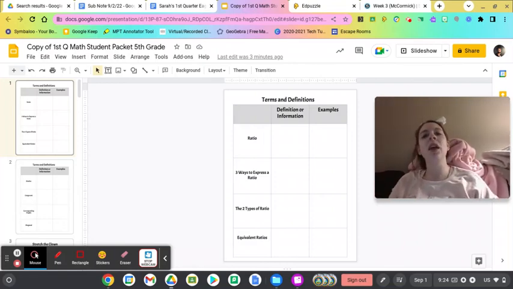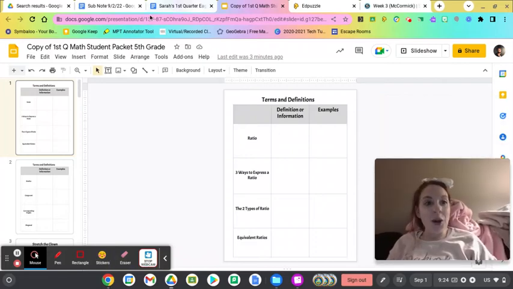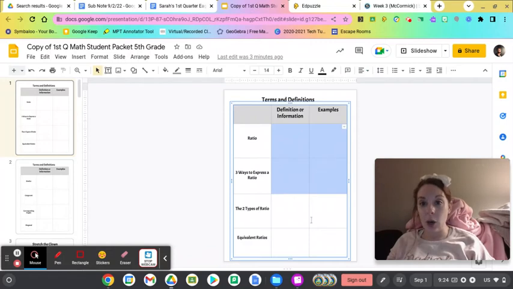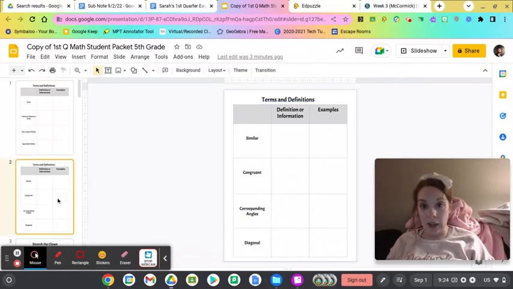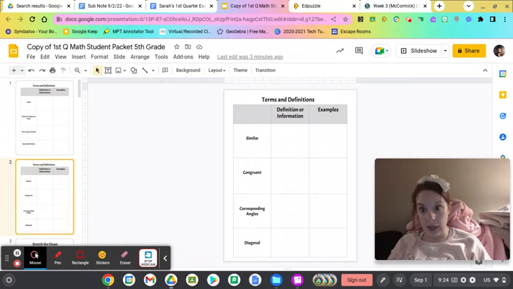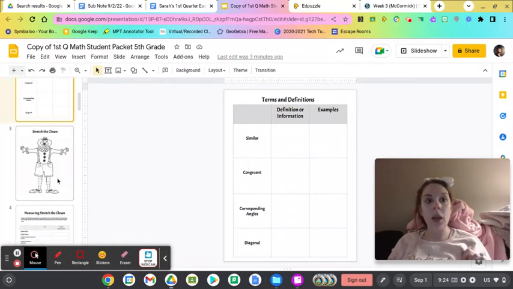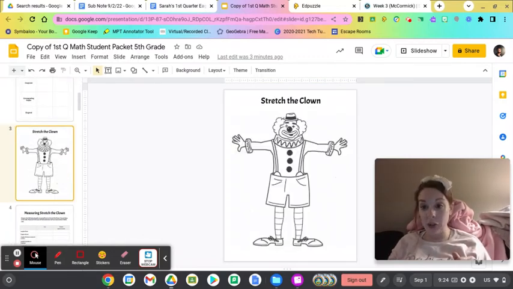Anyway, you should already have this page filled out, right? With our ratio definition and 3 ways to fill out a ratio, 2 types of ratios and equivalent ratios. The next page in your packet is blank because we're not doing that yet. We're going to do that in a couple weeks. And then you have Stretch, right?